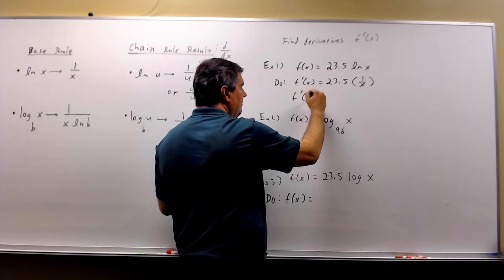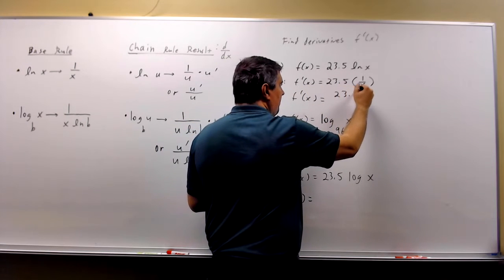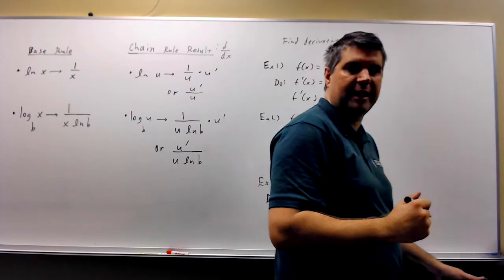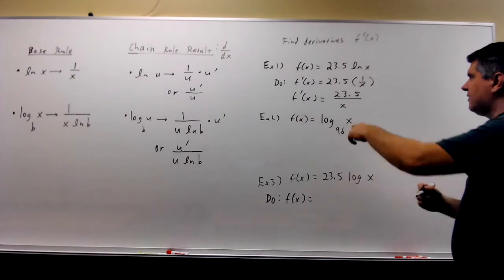So f prime of x is simply 23.5 over x. That's the derivative of example 1.